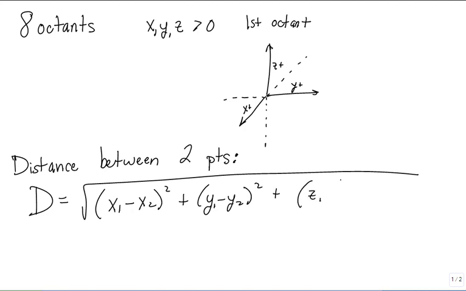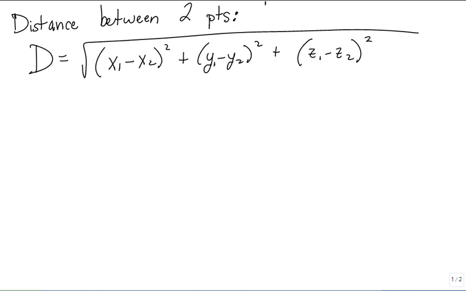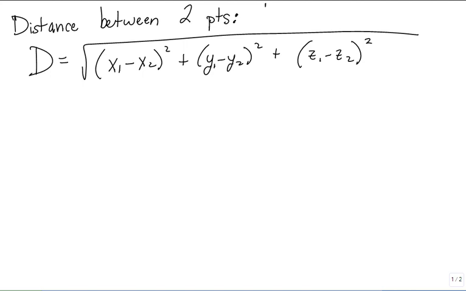So the points that we have are x1, y1, z1, and x2, y2, z2. And we just do it like that. And you can get that from the Pythagorean theorem. I'm not going to go through that. You can read that in the book. So that's pretty easy to remember because it just follows from 2-dimensional distances.